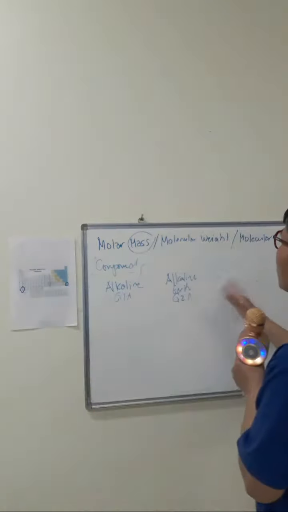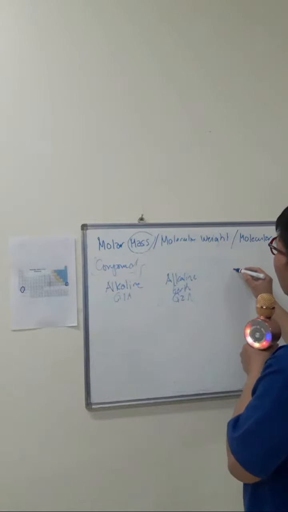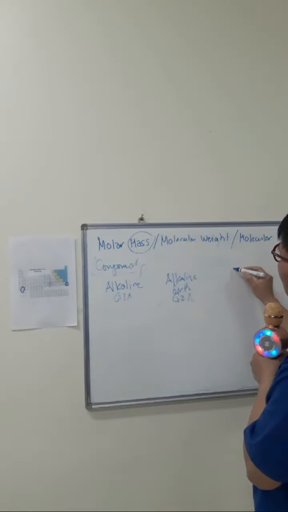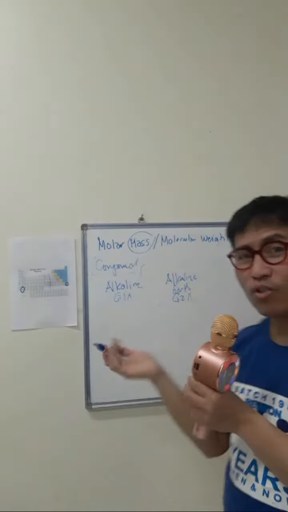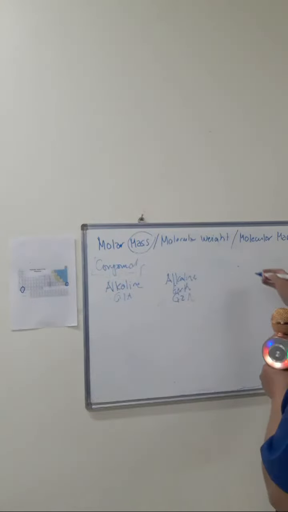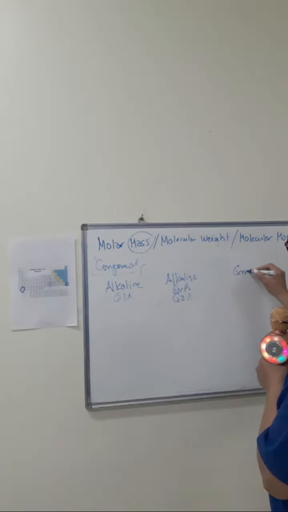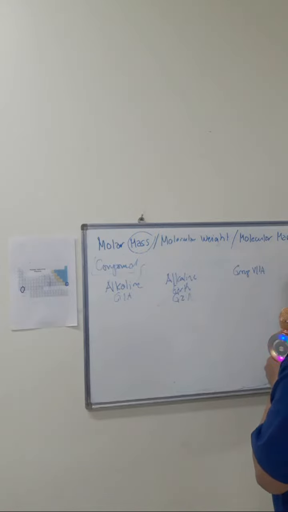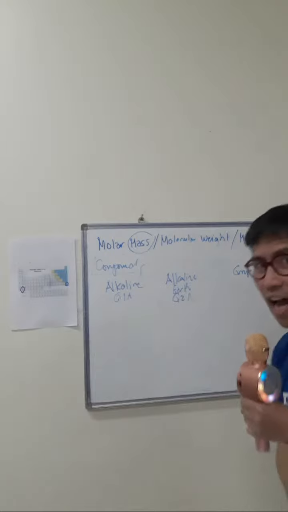Then group 7A is the halide family, or halogen family. I must focus on the most basic and common ones; we don't go to the most complex. Then group 0, the noble gases.